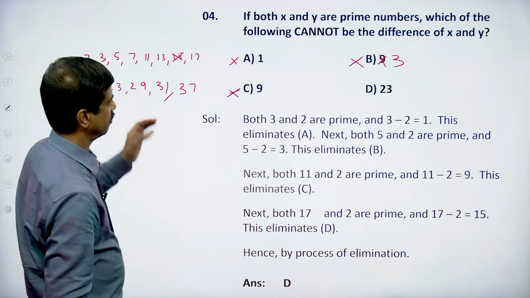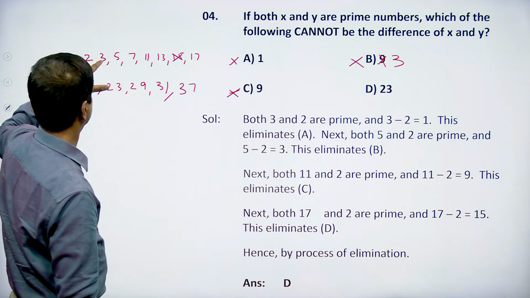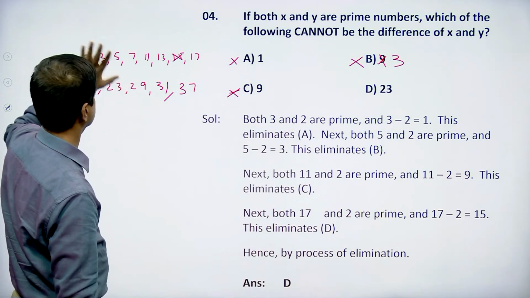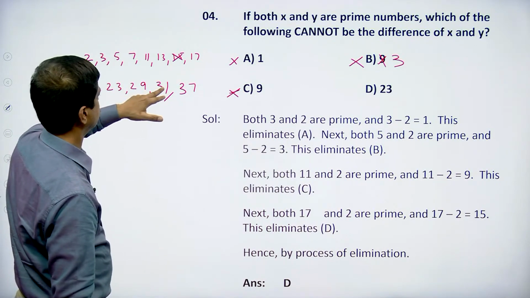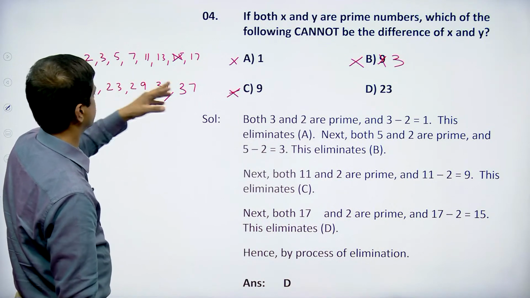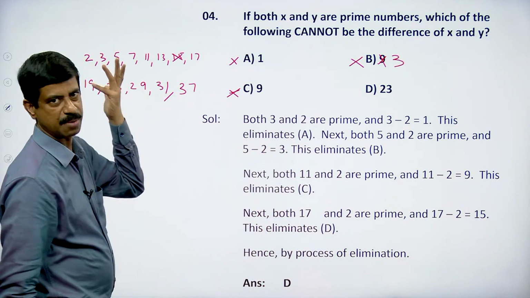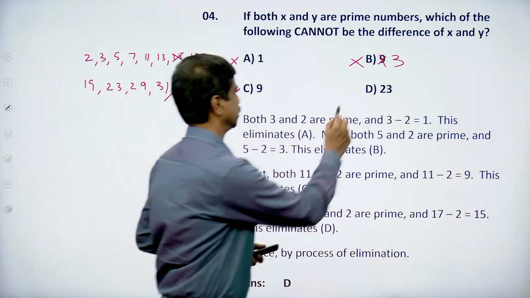So if the difference cannot be 23, we should check. 29 minus 6, it's not possible. 31 minus 8 is 23, so 8 cannot be a prime. 37 minus 23 means 14, so 14 cannot be a prime. Therefore, the option is D, children.